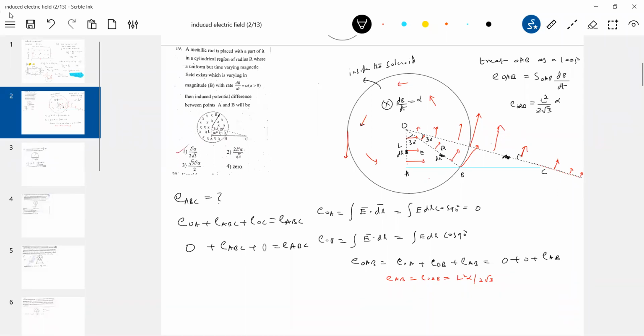So E_OAC, E_OACO, the total triangle. Okay, I'm changing symbols. Some of you are getting confused with what is the total triangle, that one. Is it okay now?